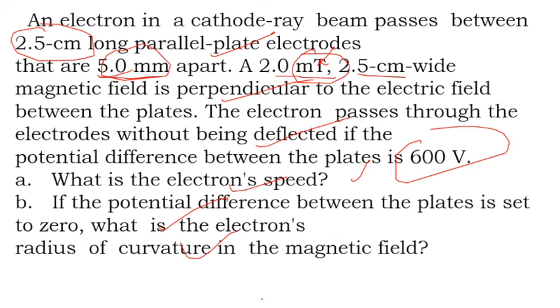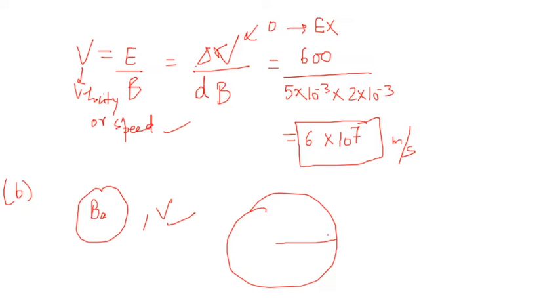We are given that it is perpendicular, so there is no electric field, there is some velocity, and there is our magnetic field.